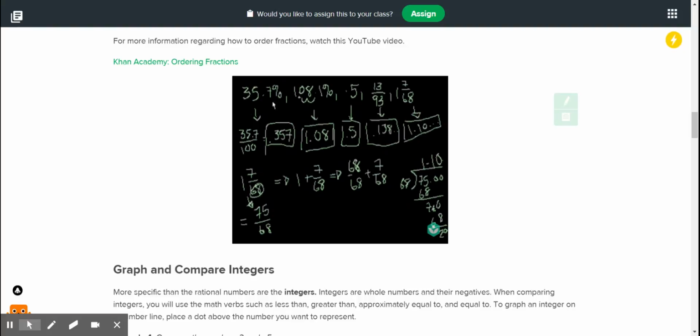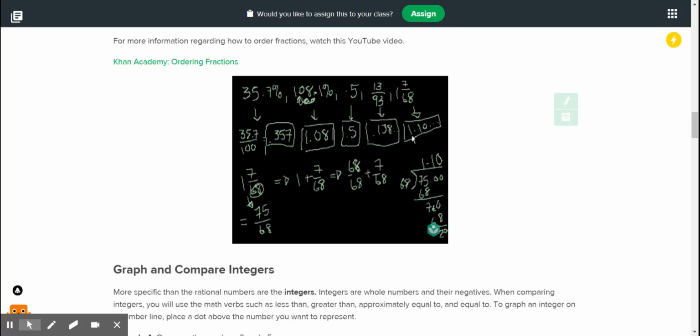So 35.7% is 0.357. 108.1%, ignore this for now, because we just use that to do the work, is equal to 1.081. 0.5 is 0.5. 13/93 is 0.138. And 1 and 7/68 is 1.10, and it'll keep going on.